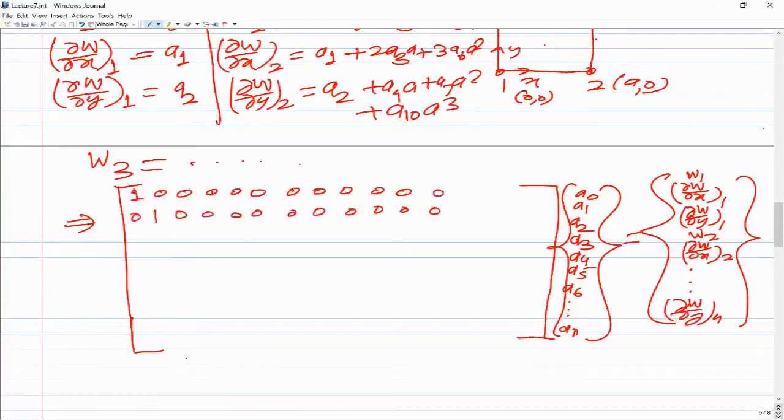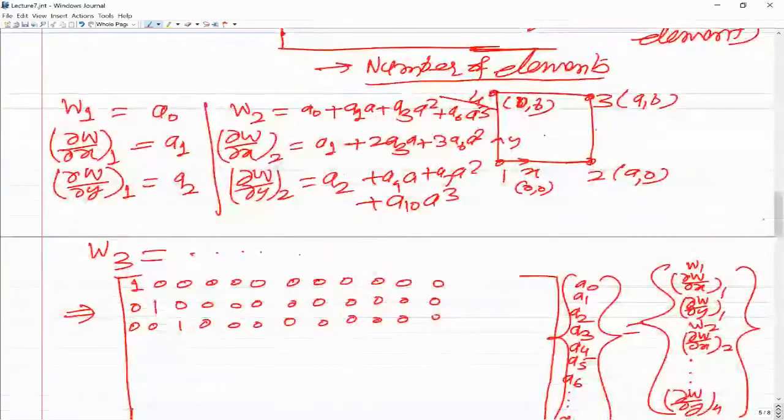Then del W by del Y is equal to A2, so that would be 0, 0, 1 and then these zeros. And then you have W2. W2 I have written, this is the expression for W2.